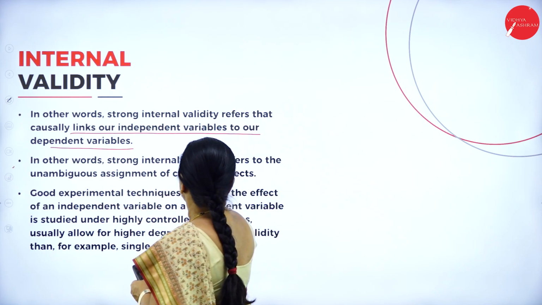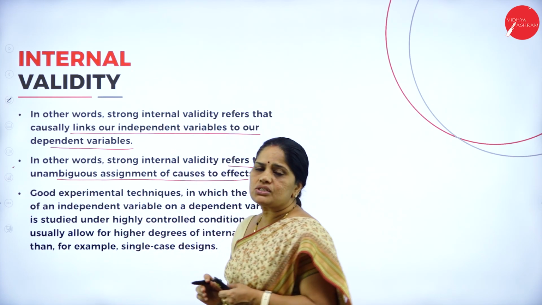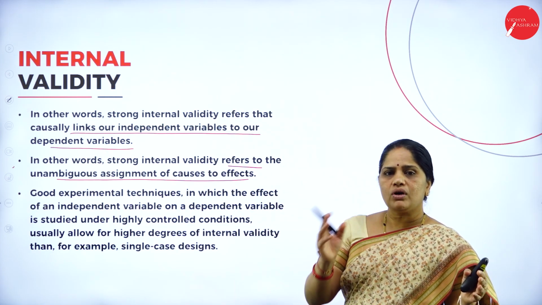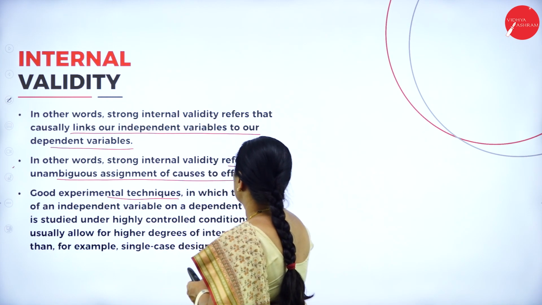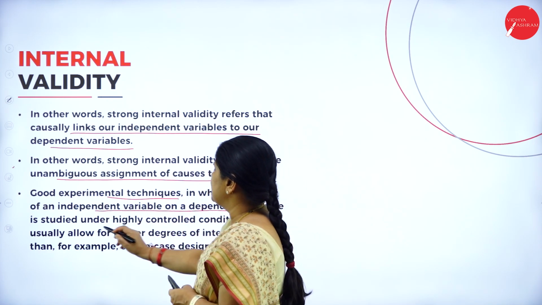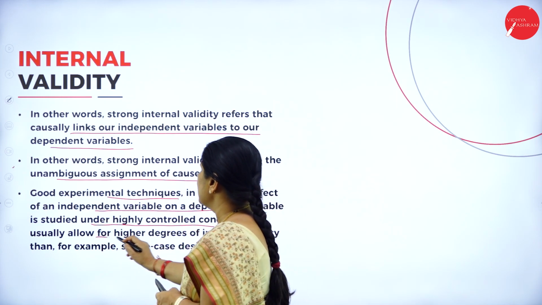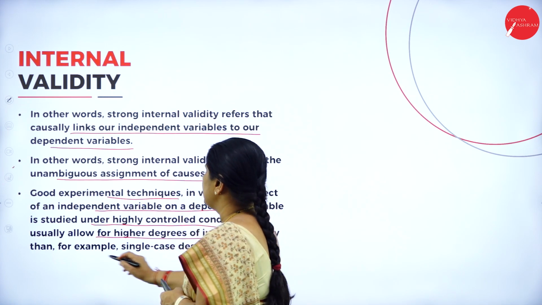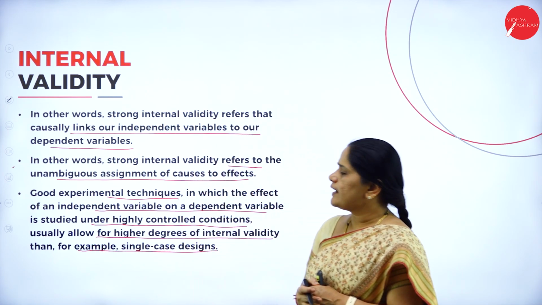It refers to the unambiguous assignment of causes to effects. So, what is the cause? What is the effect? A good experimental technique, in which the effect of an independent variable on a dependent variable is studied under highly controlled conditions, usually allows for higher degrees of internal validity than, for example, single case designs.